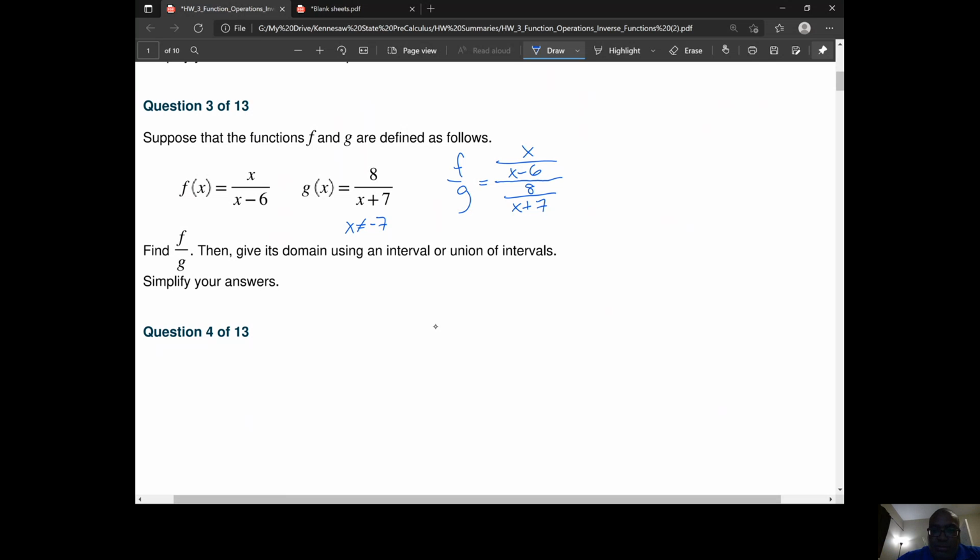Okay, so we know that this fraction bar is divided by, and to divide by a fraction is to multiply by its reciprocal. Let's just do it. x over x minus 6 divided by 8 over x plus 7 is the same thing as x times x plus 7 over 8 times x minus 6.